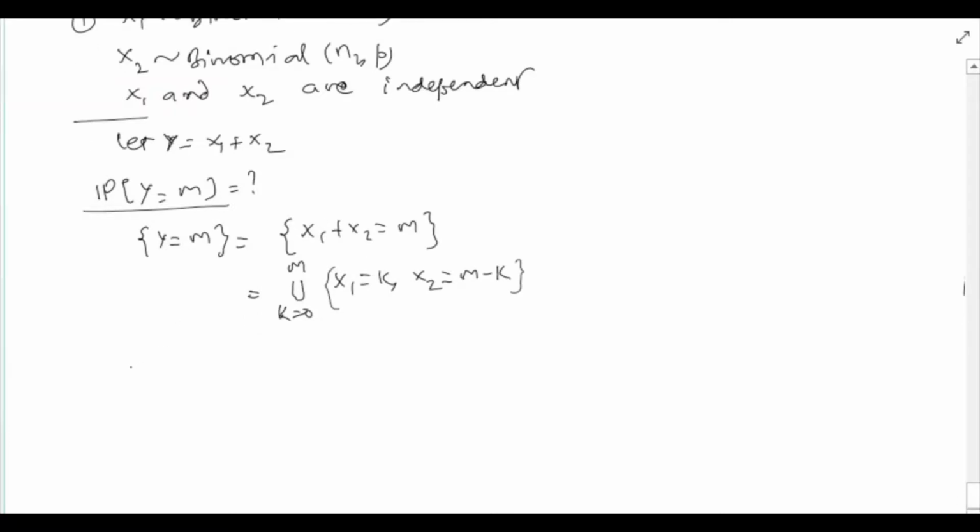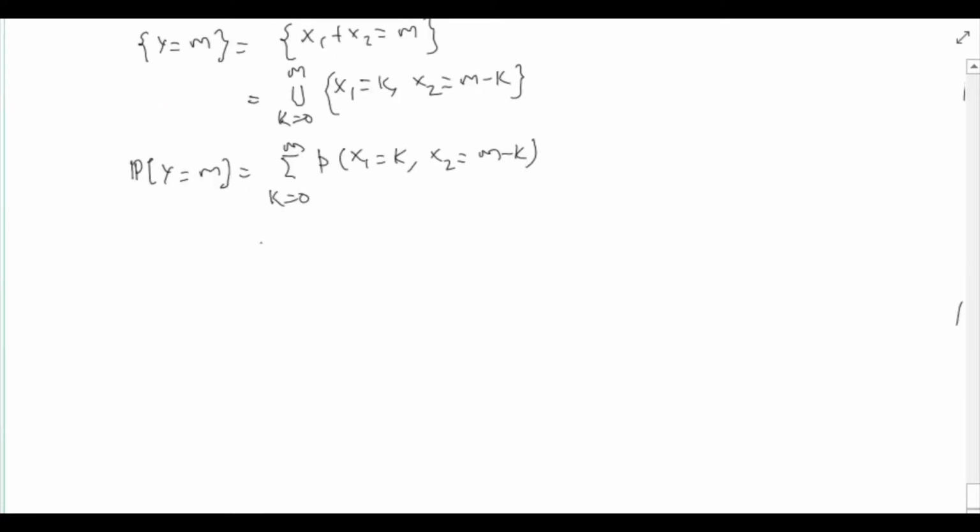Then using law of total probability, we can write probability of y equals m as summation over k equals 0 to m of the joint probability of x1 equals k, x2 equals m minus k. At this point, we can exploit the fact that x1 and x2 are independent to write the right hand side as summation over k equals 0 to m of p x1 (x1 equals k) times p x2 (x2 equals m minus k).